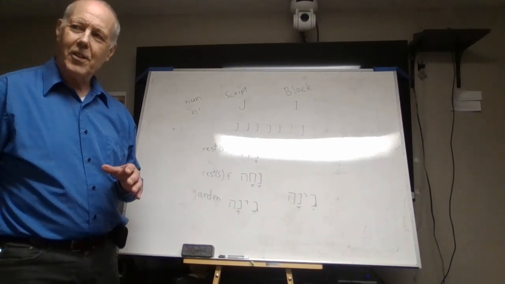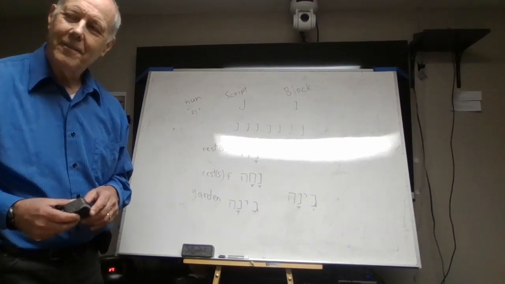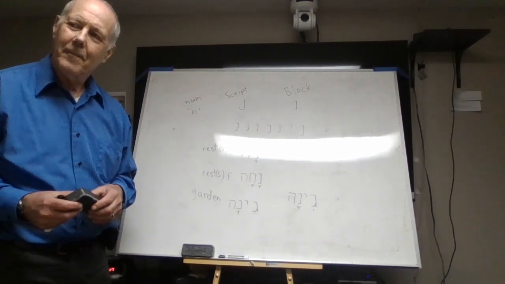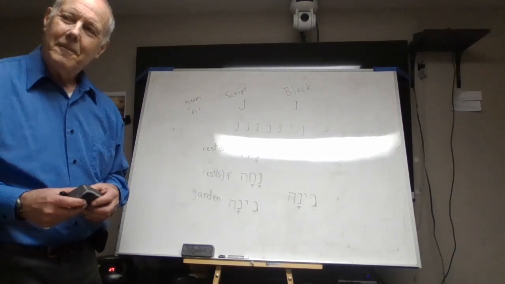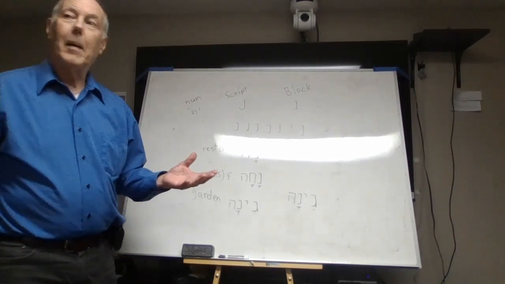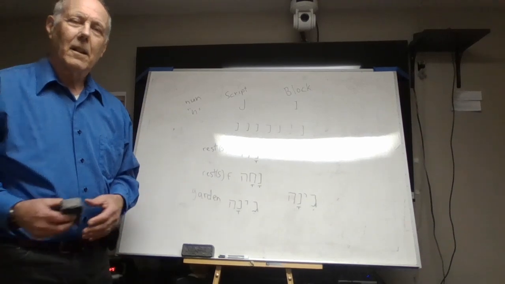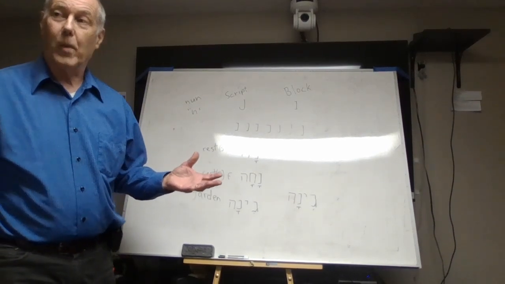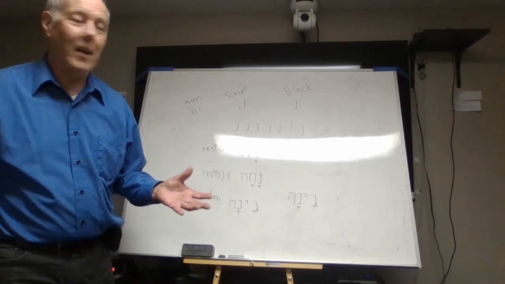There's an 80% chance that it's masculine. So if it ends in hey or tav, then it's probably feminine. I don't know why the tav works, it's just weird, but it does.